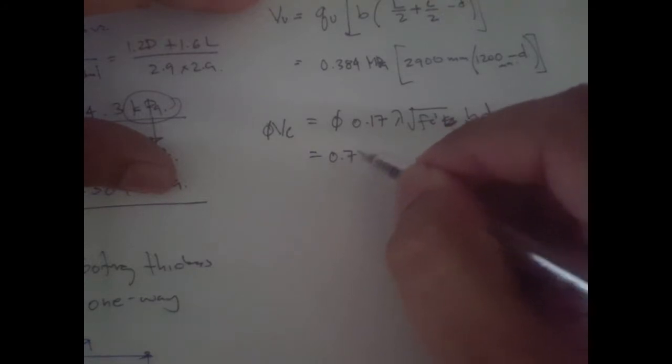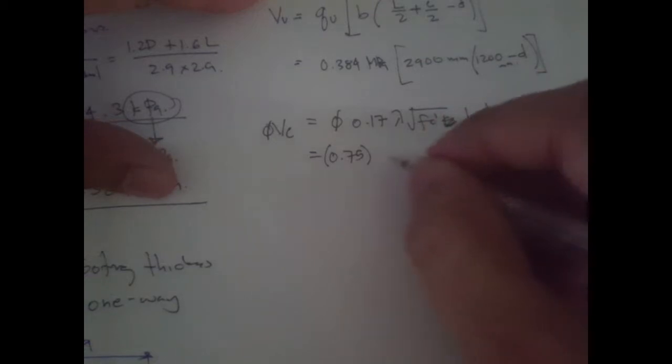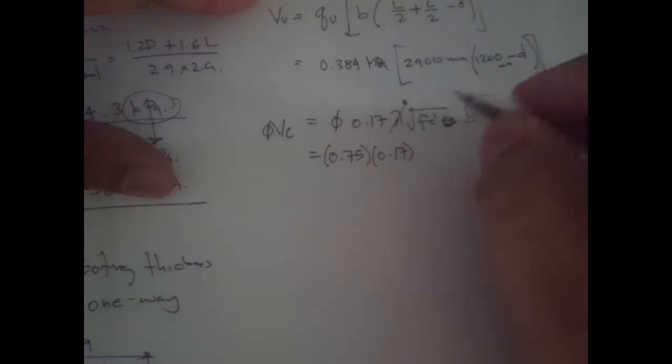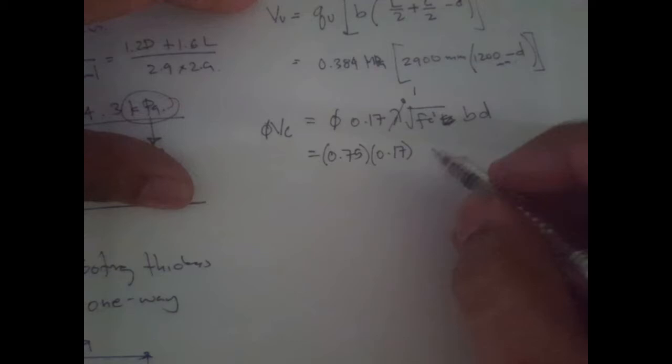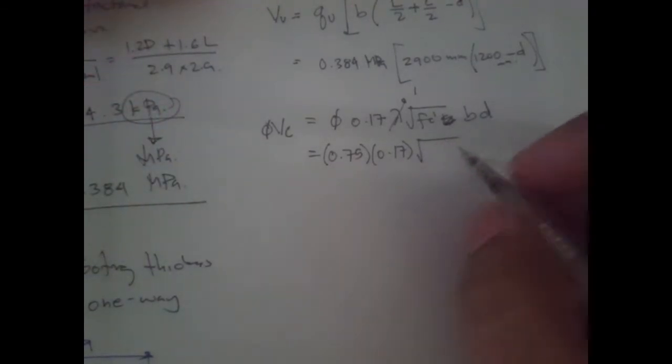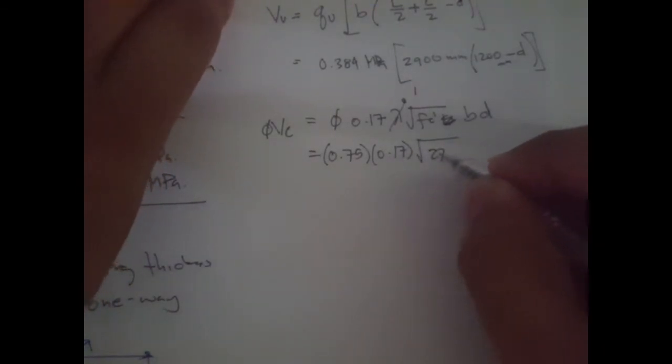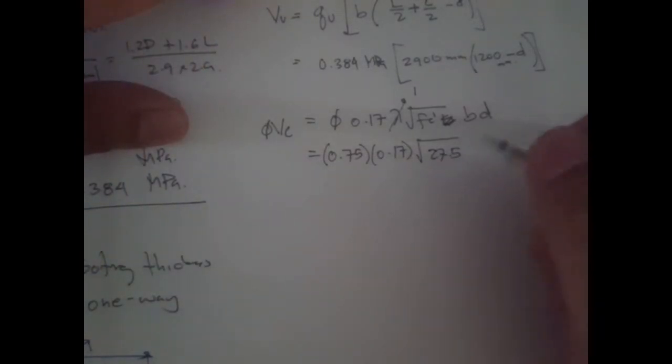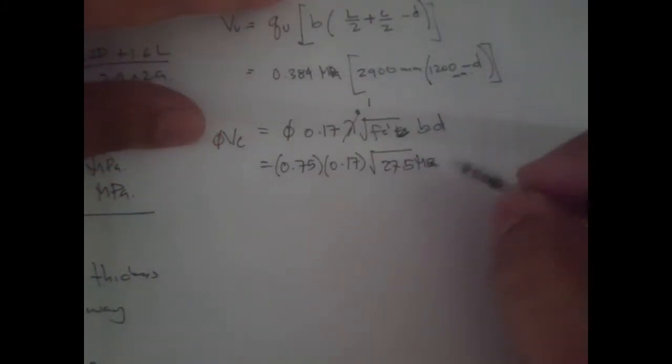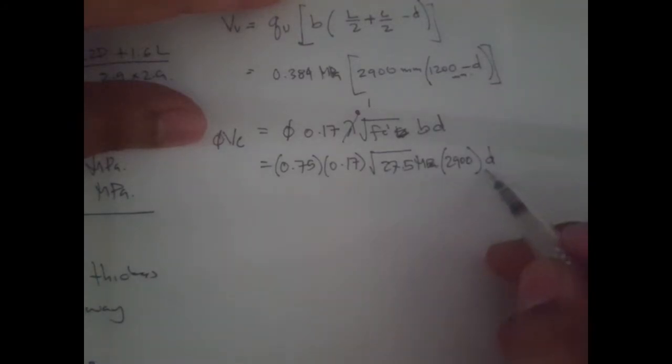Since this is shear, we have a reduction factor of 0.75 times 0.17, and since we'll just assume it's normal weight concrete, lambda is equal to 1, and our fc prime is 27.5 megapascals, and our b is 2,900, and this is our unknown, the d.